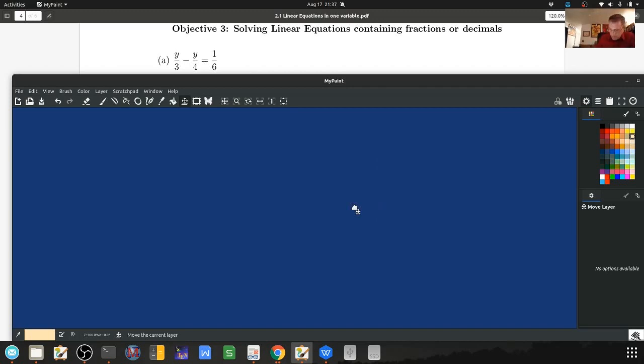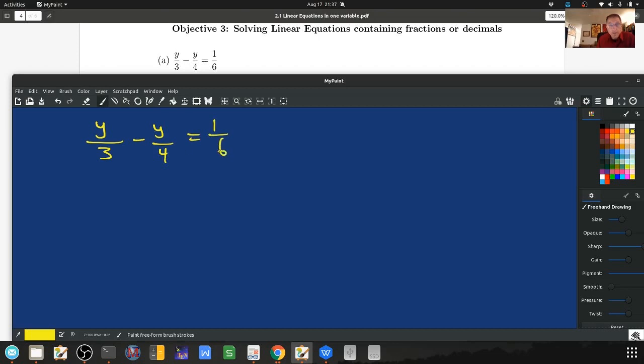So this is problem A. So I have y divided by 3 minus, whoops, it's a y, and that's equal to 1/6. So this is a linear equation in the variable y.